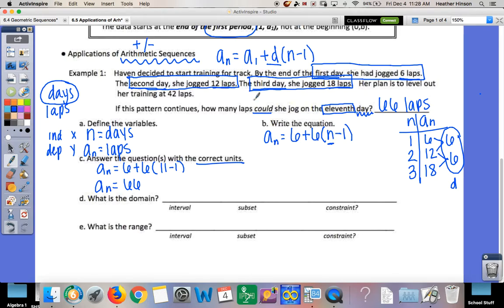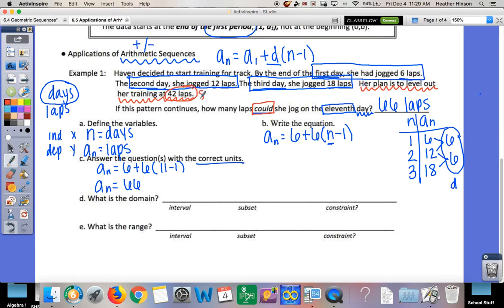Now, the reason it says how many could she jog on the 11th day is because of this sentence right here. Her plan is to level out her training at 42 laps, which means she doesn't want to go past 42. She could if she wanted to, if she continued her pattern, but she doesn't have to.